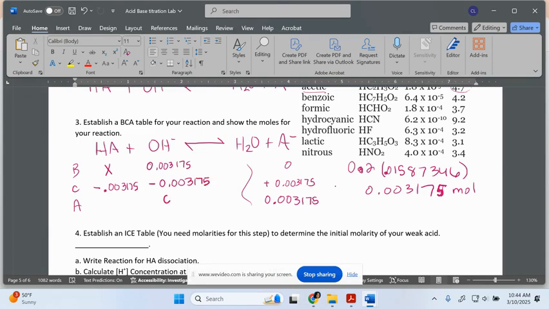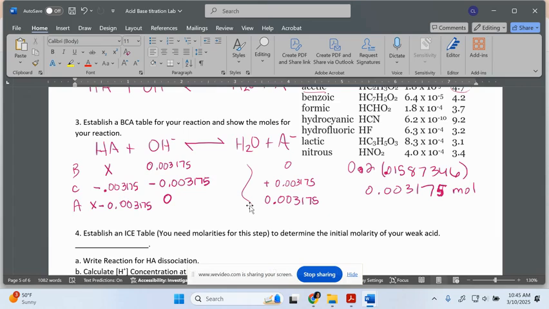That means that I have none of this left, and I have X minus that. Okay. So spend a minute getting this table done, and then we'll move on to the next step. We're going to follow through and do all of this together.